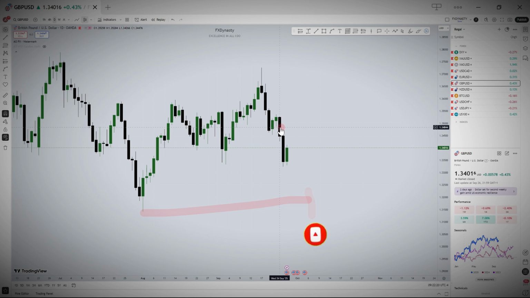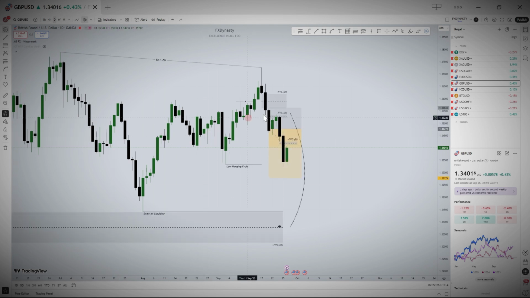But if price pushes into this one, that means I'm going to be stopped out on the trade I have because I've already brought down my SL to the entry level, which means I am break even on this trade. So I don't expect price to retest this upper fair value gap, but to use this one as support to push price lower into this swing low and fair value gap.